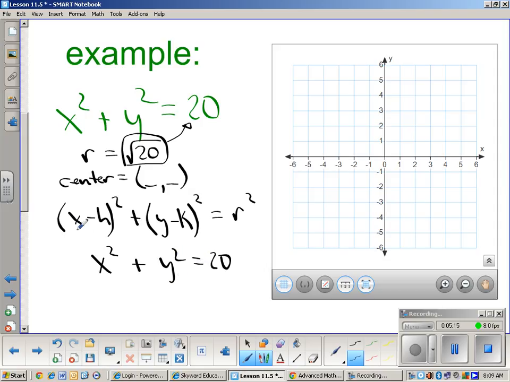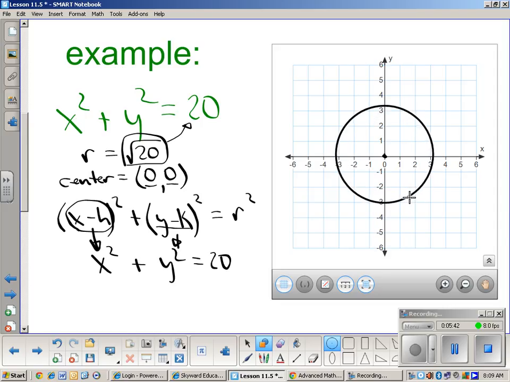And so we're saying, what are we subtracting from x to get x? 0. What are we subtracting from y to get y? 0. So the center is (0, 0). In other words, it's at the origin. So here's my center.